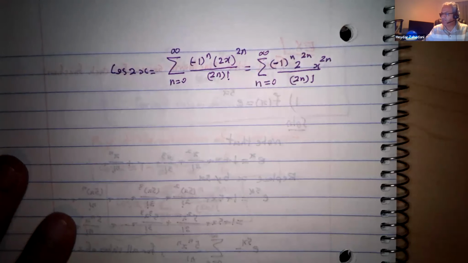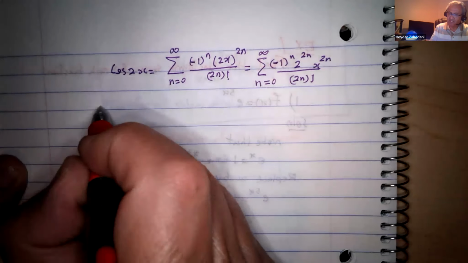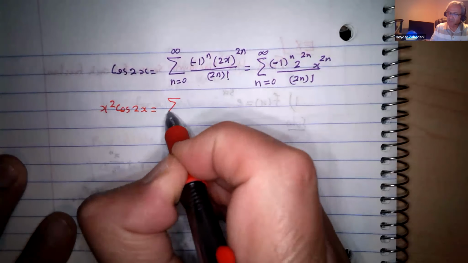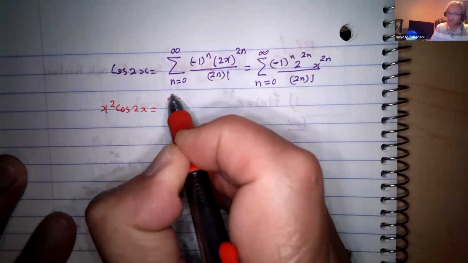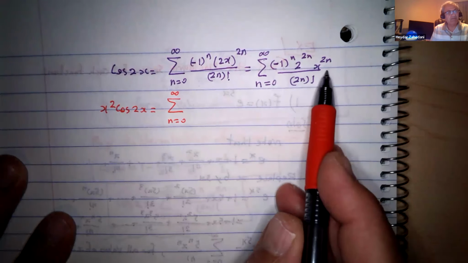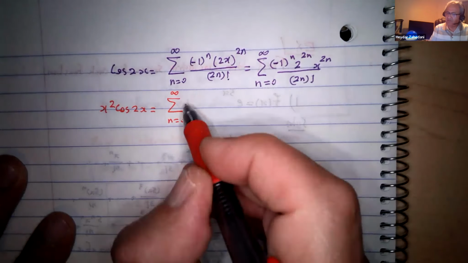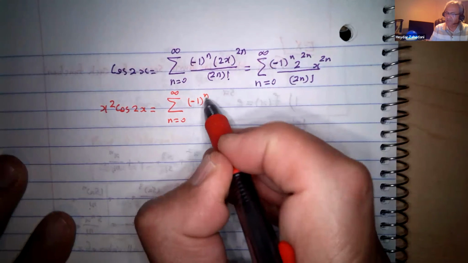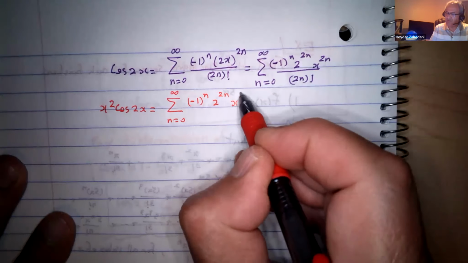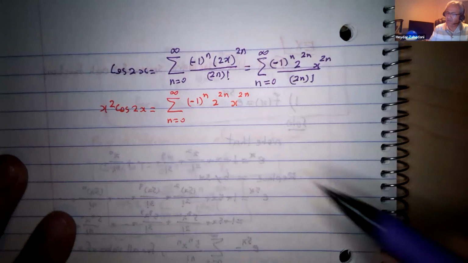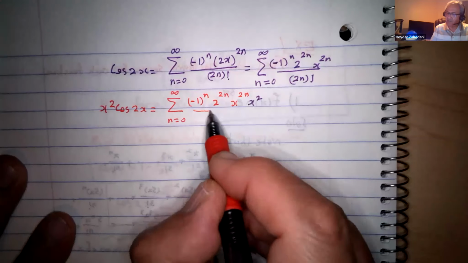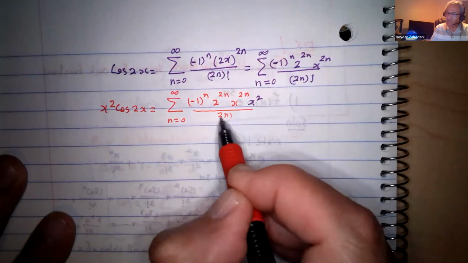Okay, now you multiply by x squared. You see, x squared cosine of 2x is going to be equal to the sigma of n from 0 to infinity. That x squared, you just put it up here, because you multiply by x only, so that gives negative 1 to the n, 2 to the 2n, and you have x to the 2n. Then you multiply by x squared. Everything else stayed the same, over 2n factorial.